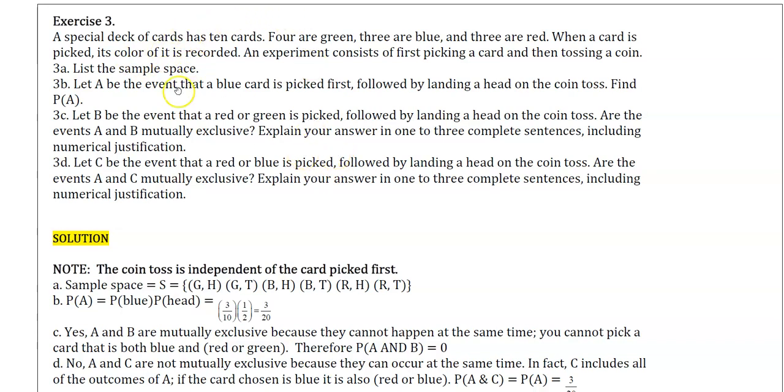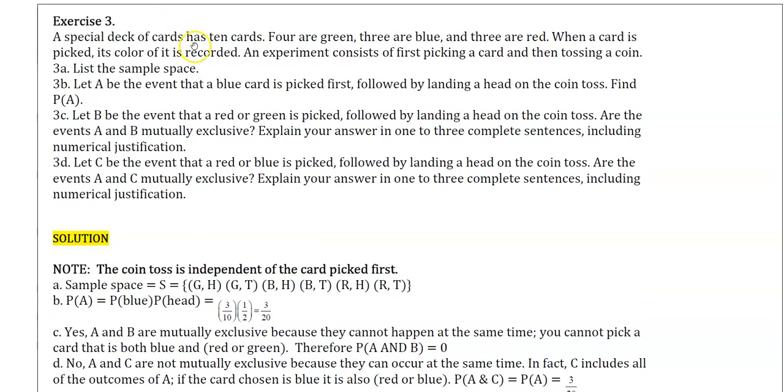And if we want to compute relative frequencies or probabilities, we need to be able to count the number of outcomes in S, the sample space, and then the number of elements in the event that's been defined. Okay? And we also want to know about relationships between events. Can they be independent? Can they be mutually exclusive? And so on. So let's go through this problem now. It's got some interesting ideas in it.